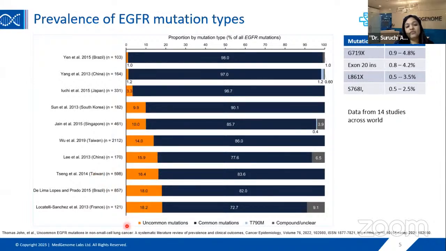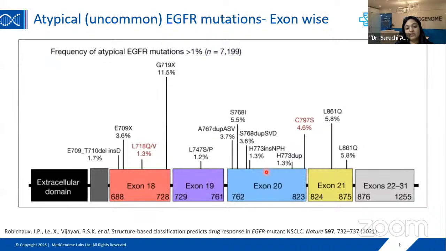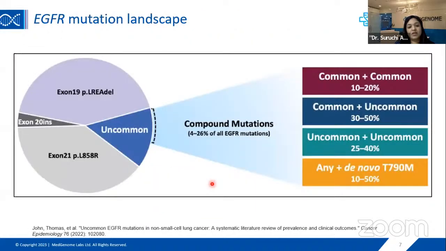So a lot of uncommon mutations occur in EGFR, and we need to look at them with care. Here you can see some of the uncommon mutations highlighted in exons 18, 19, 20, and 21. There are a number of uncommon mutations which can play a different role in how TKIs respond. So this is what I was talking about.